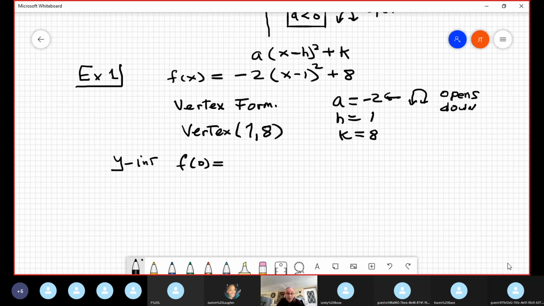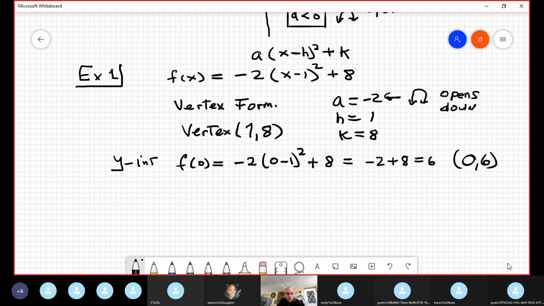So it's minus 2 times (0 minus 1) squared, plugging in 0 here, plus 8. So 0 minus 1 is negative 1, but squared is positive 1. So minus 2 plus 8 is 6. Confirmation, the point is (0, 6). This is the y-intercept.